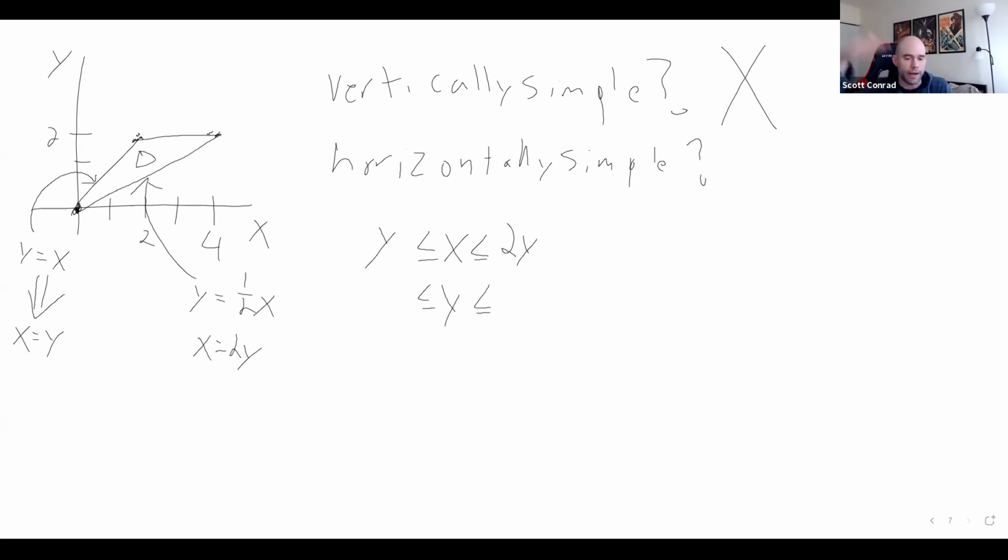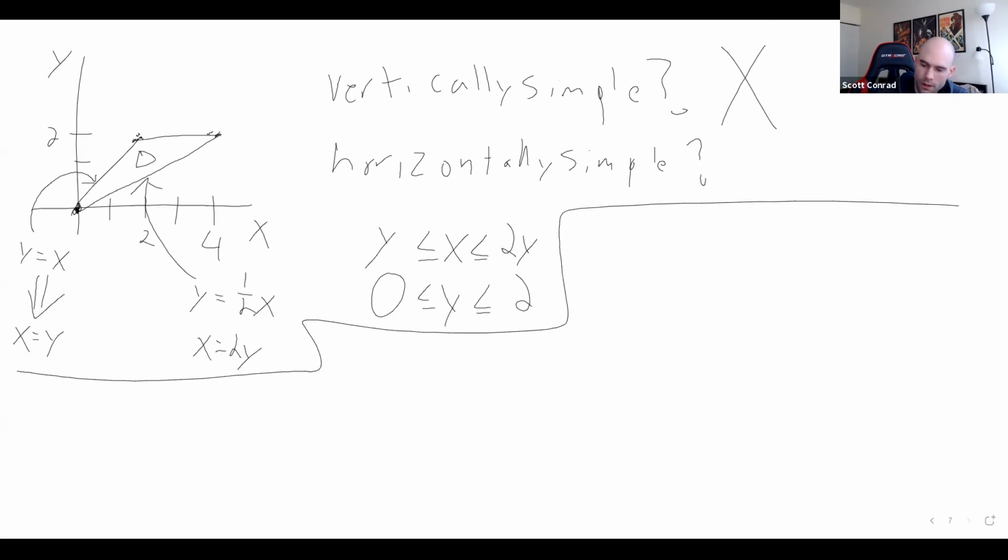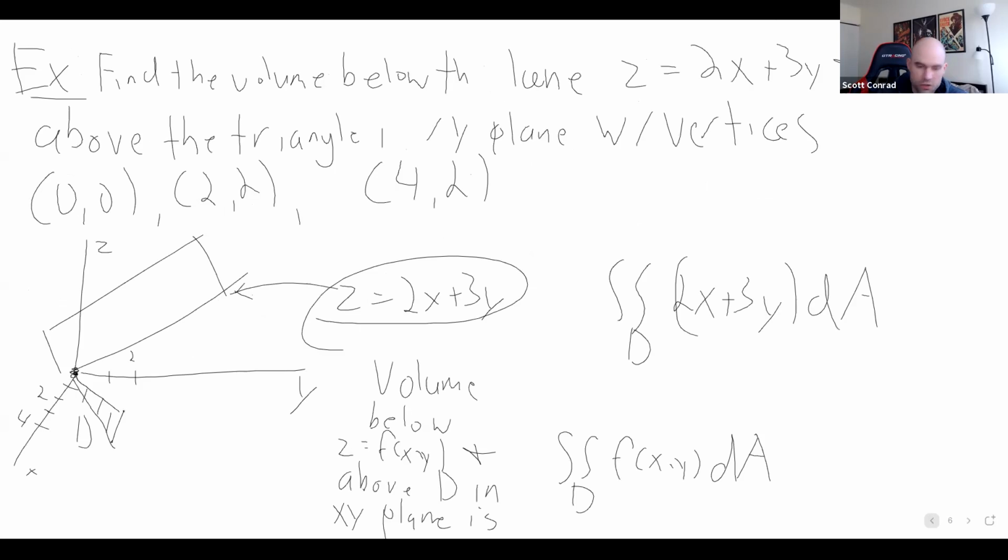So then y is going to go from what to what? What's the smallest value of y in this triangle? 0. And what's the largest value of y? 2. And so now we have our bounds. So we said we were integrating 2x plus 3y.